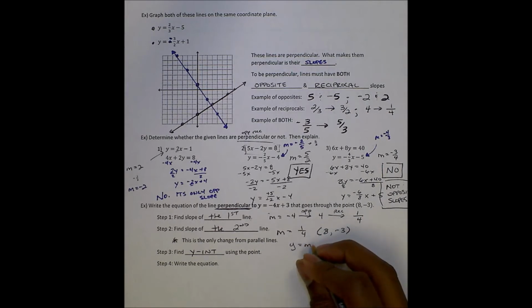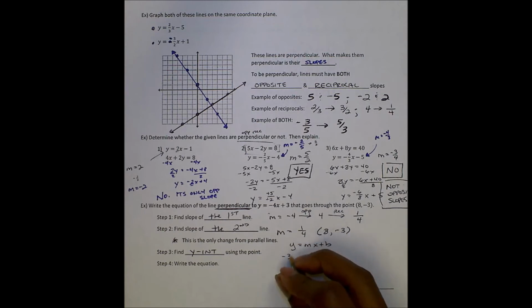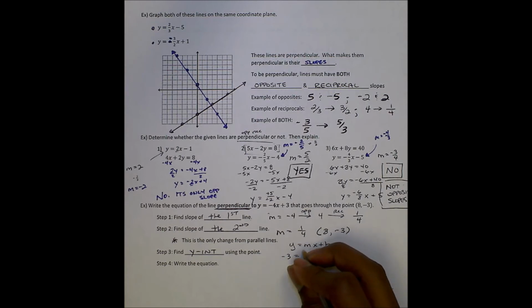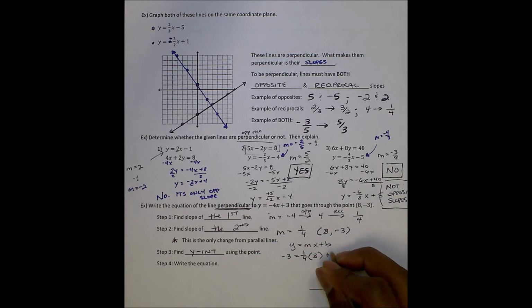Remember, that's y equals mx plus b. I'll plug my x in where the x goes. I'll plug my y in where the y is. And my m is 1/4. I do not know b, but I'm going to solve for b. So 1/4 times 8 is 2. I'll subtract 2 from both sides, so b is -5.